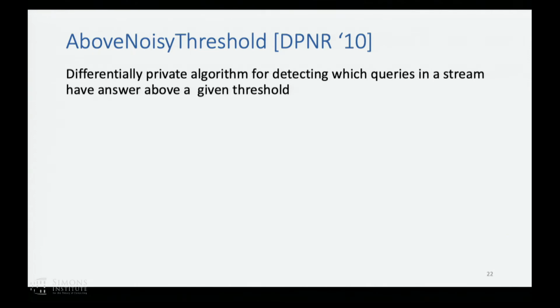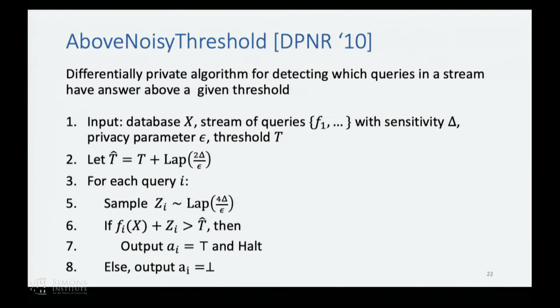And this algorithm is the above noisy threshold algorithm, which is effectively what lives beneath sparse vector. It's a private algorithm for finding which queries in a stream have an answer above a given threshold. And it works like this.